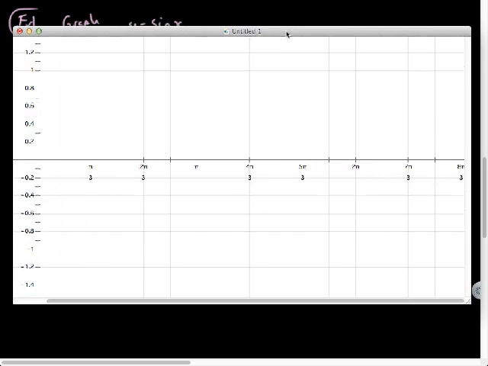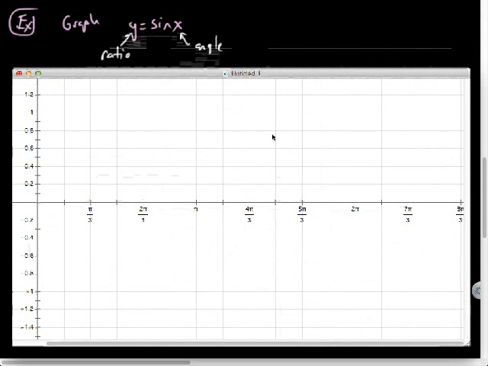So let's do an example where we're going to graph y equals sine of x, all right? And I just want to point out that x is going to represent an angle, and y is going to represent the output for my function, which is going to be the ratio. Okay? So for y equals sine of x, well, we're actually going to use radians today.